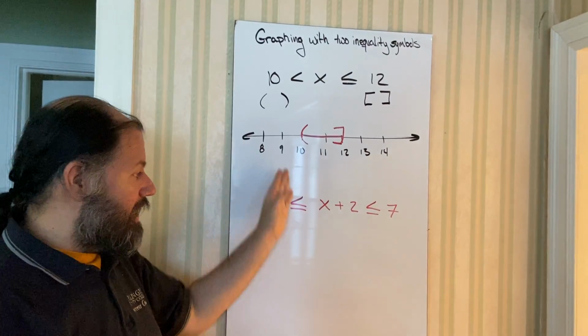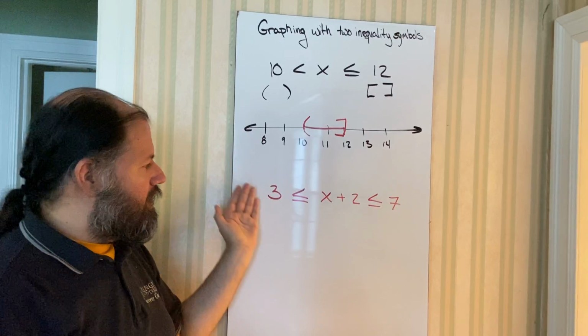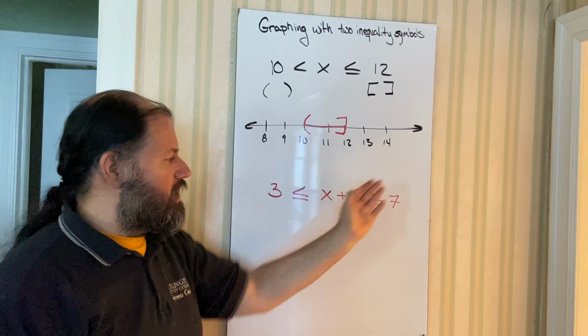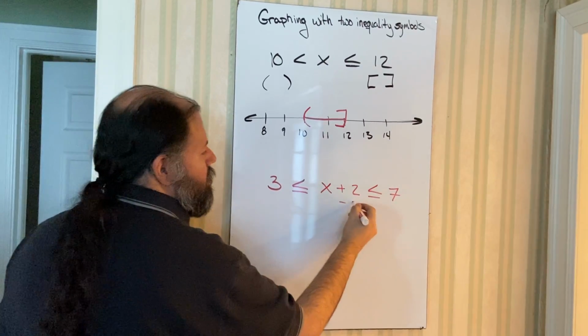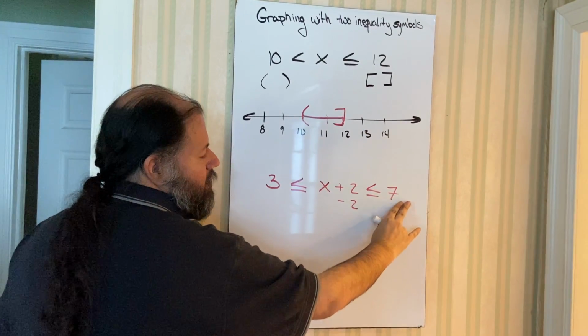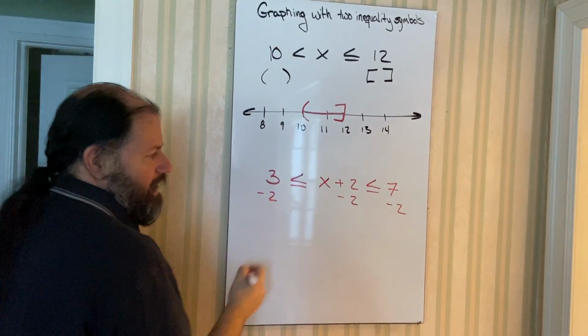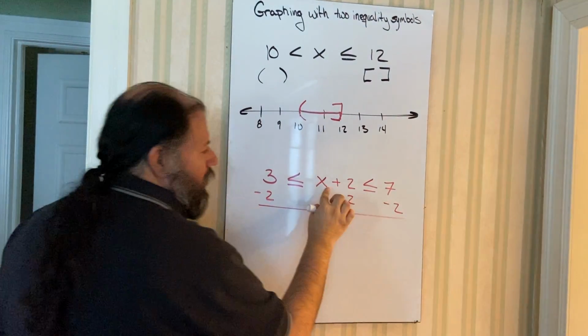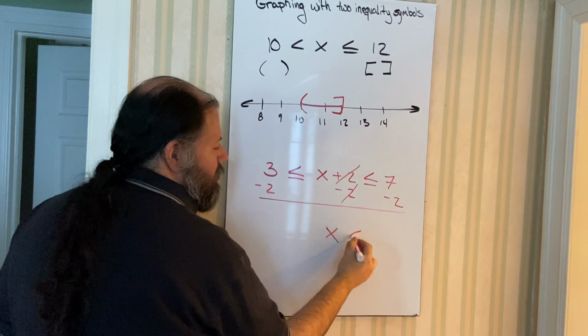But unlike us saying that there's a left-hand side and a right-hand side, notice that there's 3 sections. This section, this section, this section. So if I want to get rid of this, I subtract 2 here, but that means I have to subtract 2 on this section, and I also have to subtract 2 on this section, because I need to get x by itself. These cancel out, so I get x.